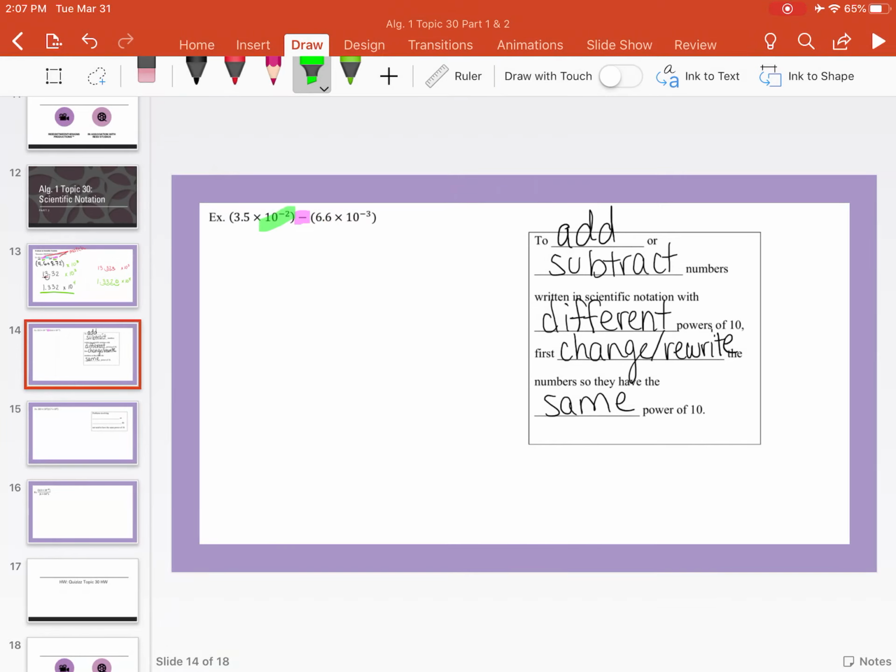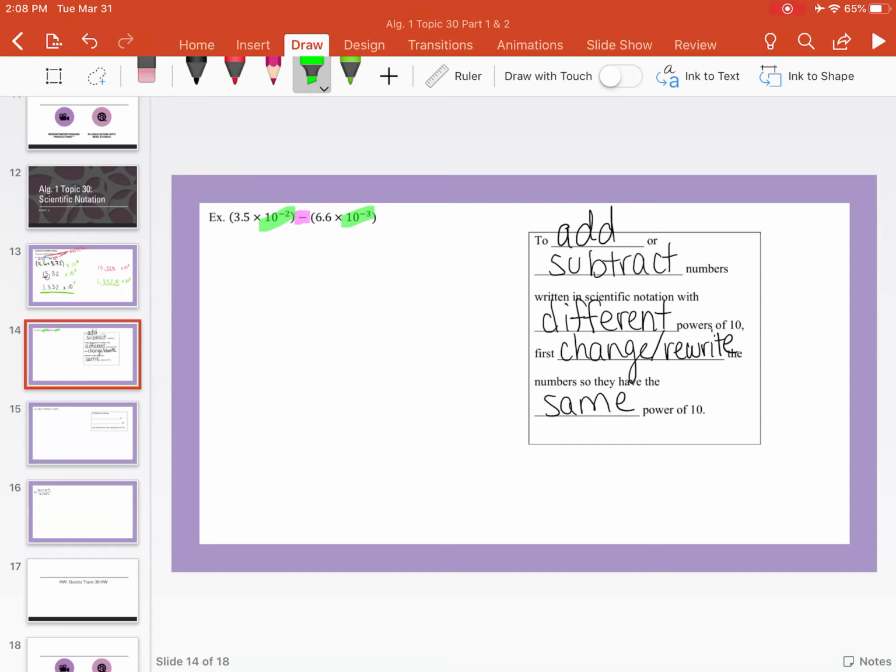But if I look at my exponents, I have 10 to the negative second power and 10 to the negative third power. So if I wanted to rewrite this, I need to decide, okay, which quantity do I want to change? Well, let's change so they're both in terms of times 10 to the negative second power.